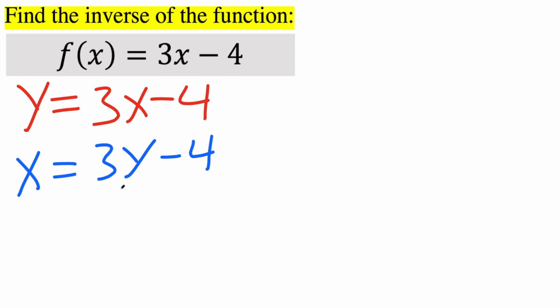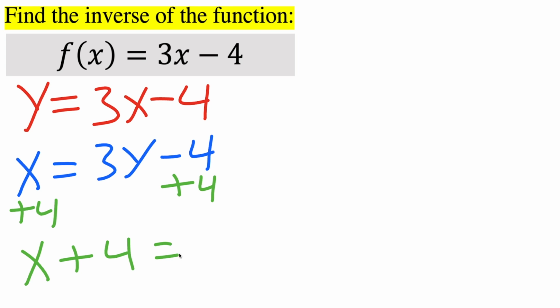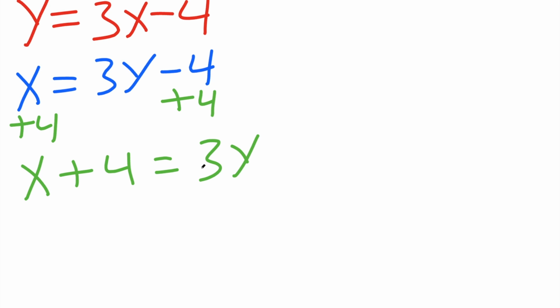So to isolate this term, we first need to get rid of the negative 4. And the opposite of a negative is a positive. So we're going to add 4 to the right and to the left. And we're going to get x plus 4 is equal to 3y. But we're not done yet. We have a 3 times y. We don't have y by itself.